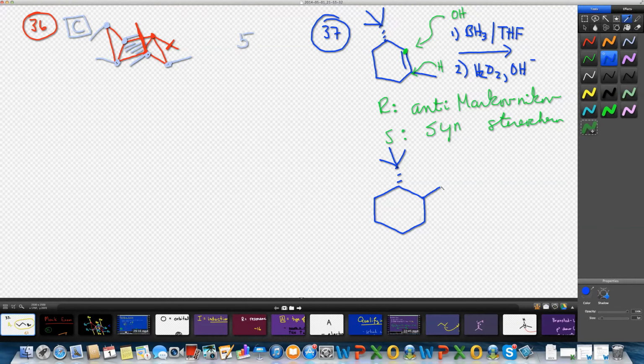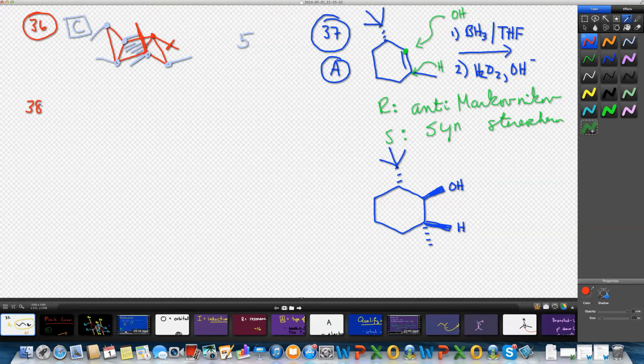I'm going to choose to put the OH coming out, which means the hydrogen would also be coming out, and the methyl group would be going in. So answer choices B and C are incorrect because you have the wrong regiochemistry. Answer choice D is incorrect because you have anti-addition. Therefore, A is the credited response for number 37.